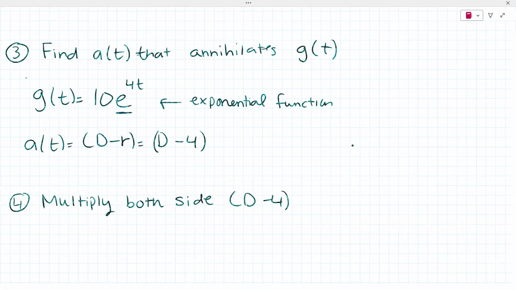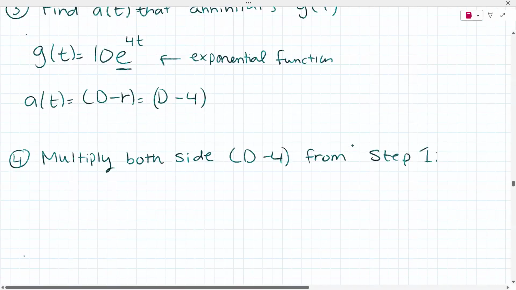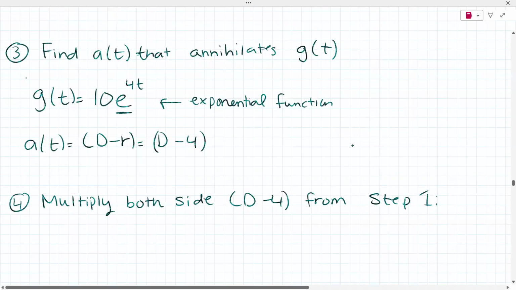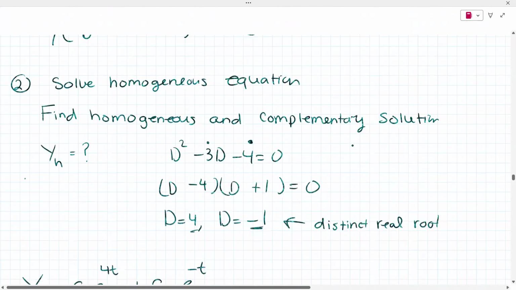So multiply both sides by d minus 4 from step 1. On the left side, from step 1, what did we have?